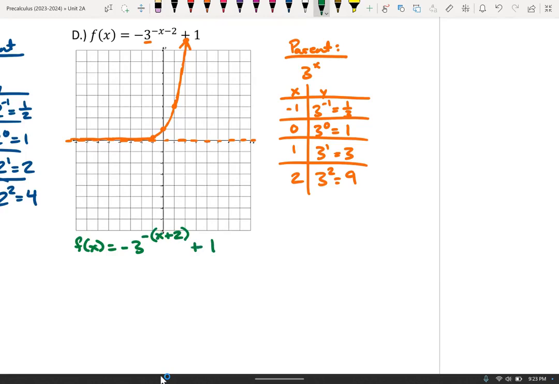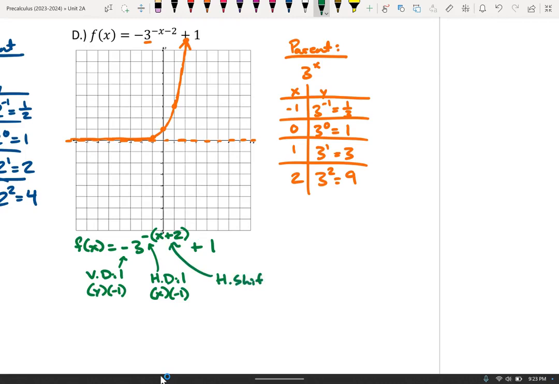So I have my different transformations. I have my vertical dilation, where we're going to take all our y values and multiply them by -1. We have a horizontal dilation. We're going to take all our x values and multiply them by -1. We have a horizontal shift.